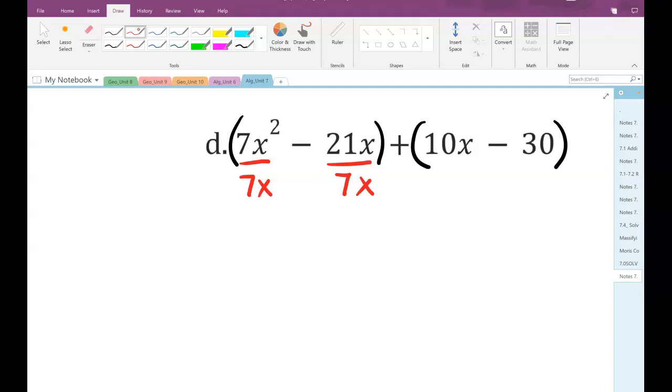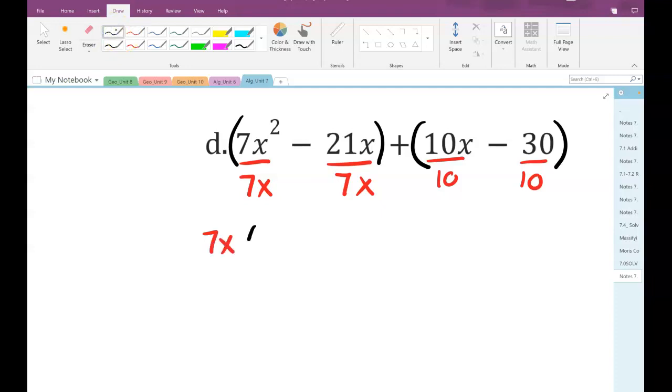The factors of 30, we could say, are 1, 2, 3, 5, 6, what did I miss? 15 and 30. So the greatest common factor is 10. So we divide 10 by each. 10 and 10. So when we divide, we have our GCF out in front.